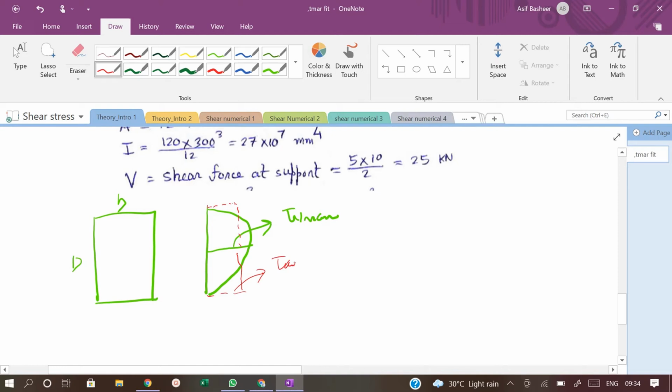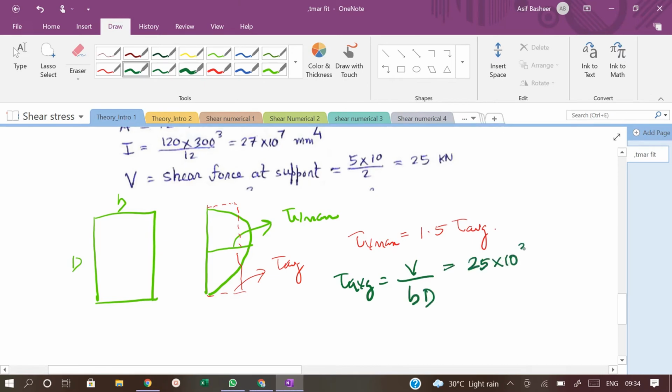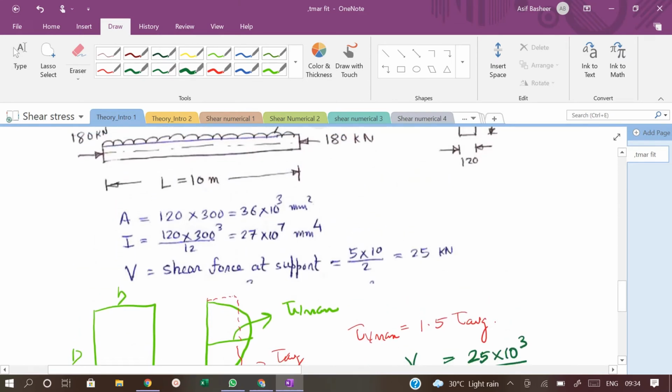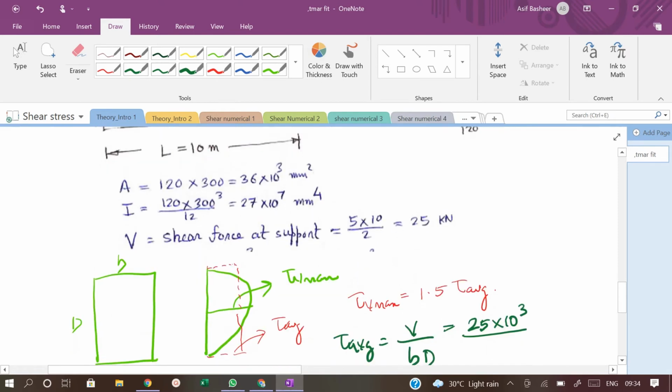We have the equation for tau v max as what? 1.5 tau average. We know how to determine tau average, right? Tau average is V by B into D. That is your 25 into 10 raised to 3 divided by 120 into 300.